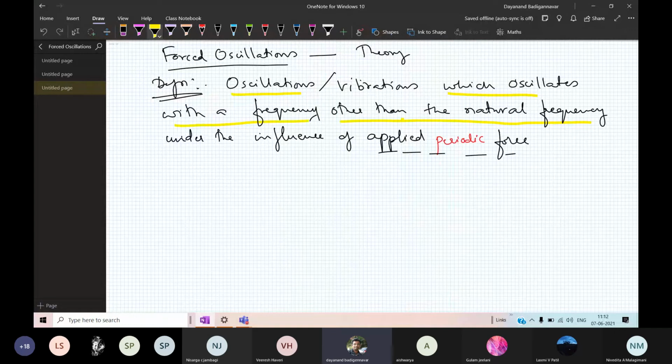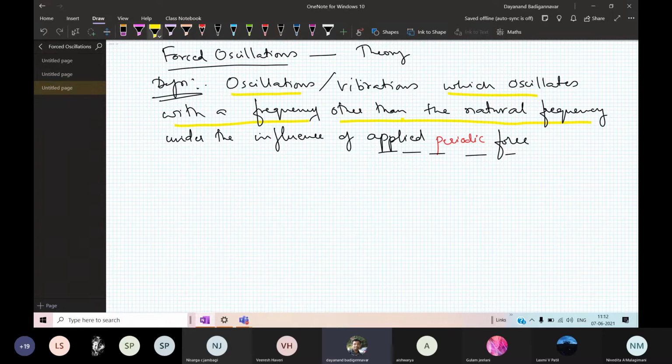In the last class I told you the meaning of natural frequency. Every body has its natural frequency. Both in free oscillations and in damped oscillations it is good, but under forced oscillations what happens? It is not vibrating under the natural frequency. It is vibrating under a frequency which is different than the natural frequency.